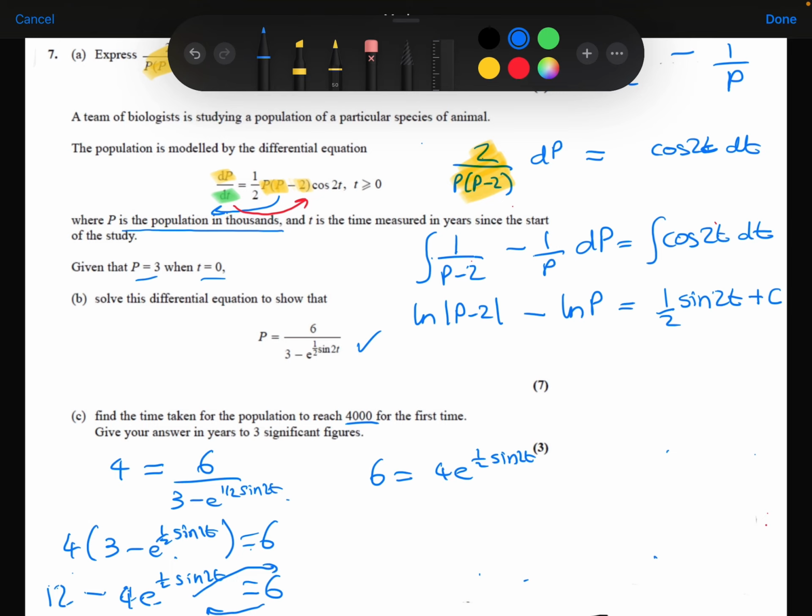Divide both sides by 4. 6 over 4 is the same thing as 3 over 2. Take logarithms of both sides. So we get ln 3 over 2 is equal to 1/2 sine 2t. Times both sides by 2.